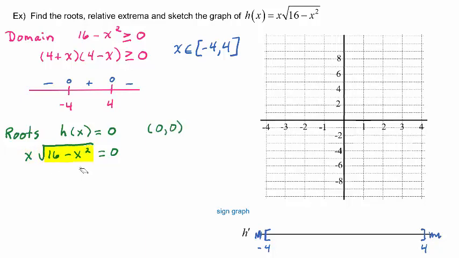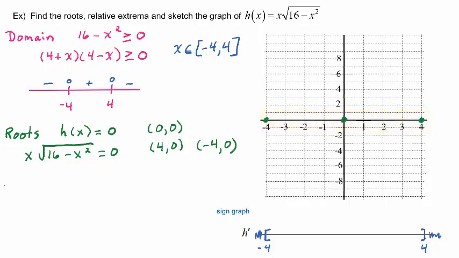From under the radical, we will get x equals 4 and -4. So we also have a root at 4, 0 and a root at -4, 0. So we can plot all of those right now. We've got a root at -4, 0, a root at 0, 0, and a root at 4, 0.